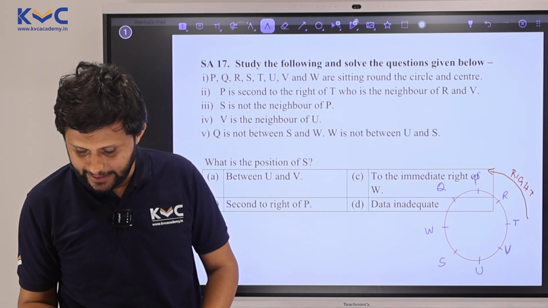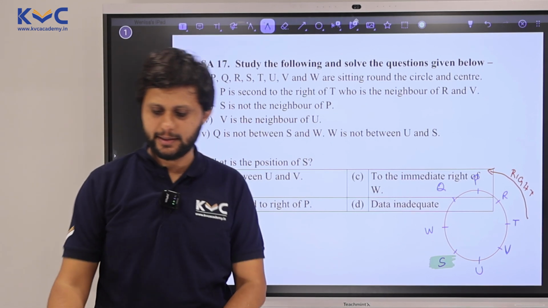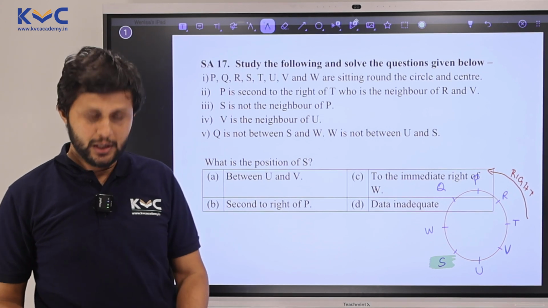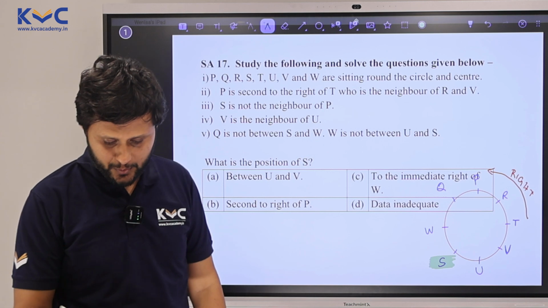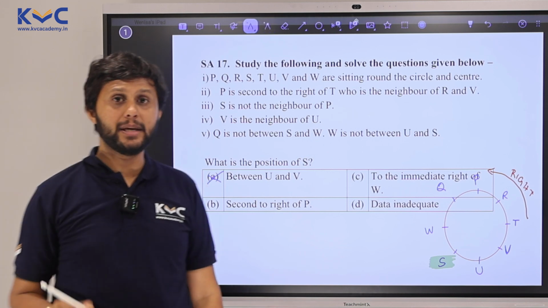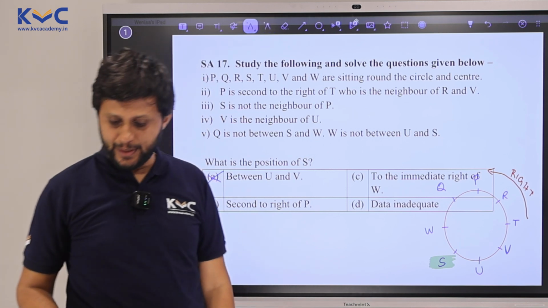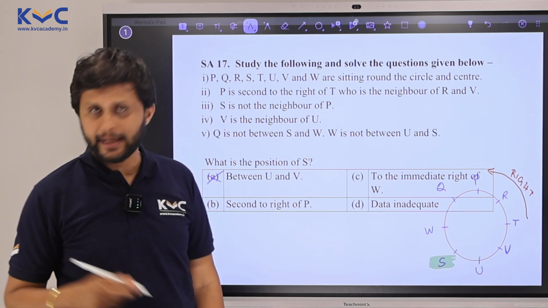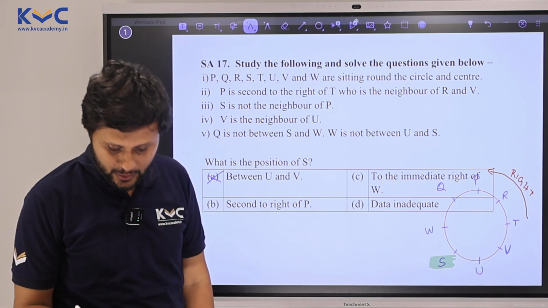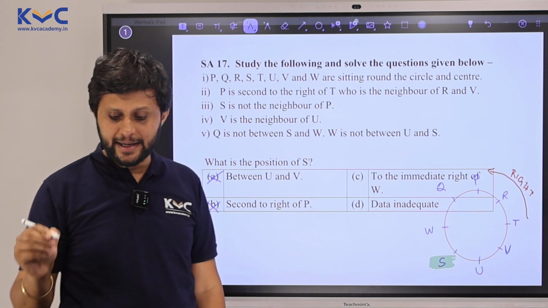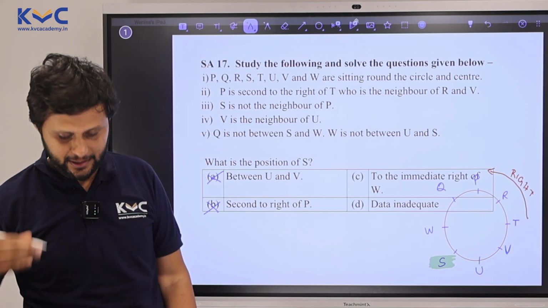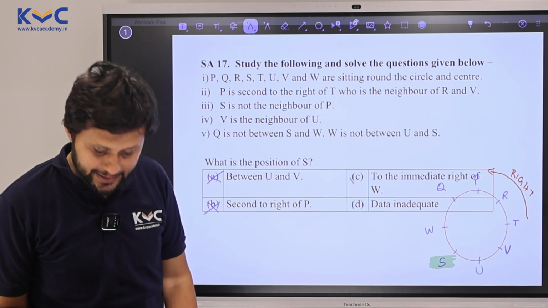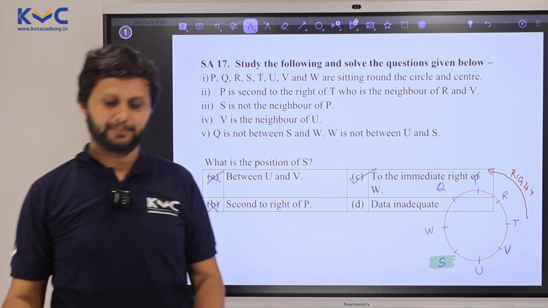Between U and V? No, it is not. Option A is out. Option B, second to right of P. It is not. Second to right of P is W. That is also eliminated. To the immediate right of W. Right means anti-clockwise direction. Immediate right of W is the right answer.